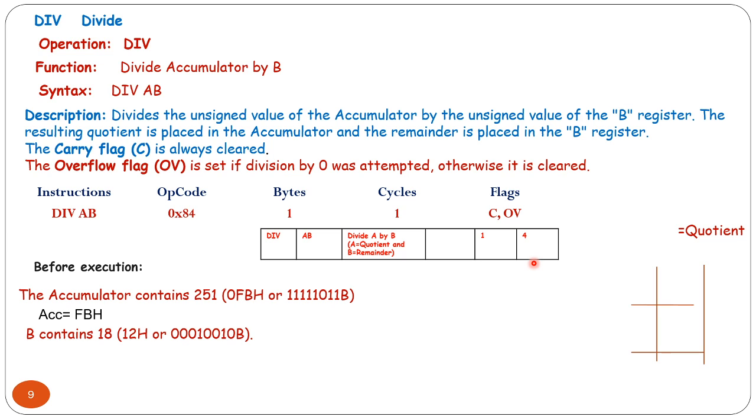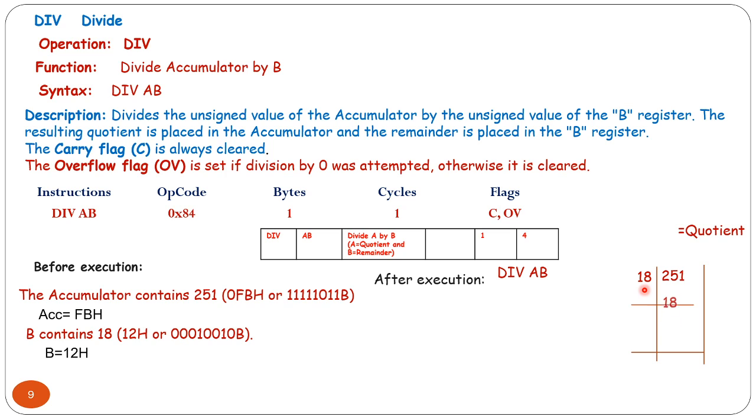Let us suppose we have a simple execution. Accumulator has decimal value 251, that is in hexadecimal FBH. B contains 18 decimal or hexadecimal 12. So when after execution of the div instruction, 251 gets divided by 18.